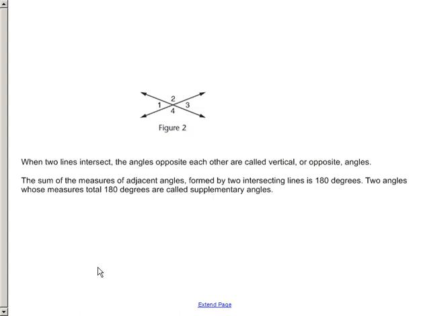When two lines intersect, we end up with adjacent angles, and we also end up with something called vertical or opposite angles. So angle 1 and angle 2 are adjacent angles. They have a vertex, they have a common side. They are next to each other.